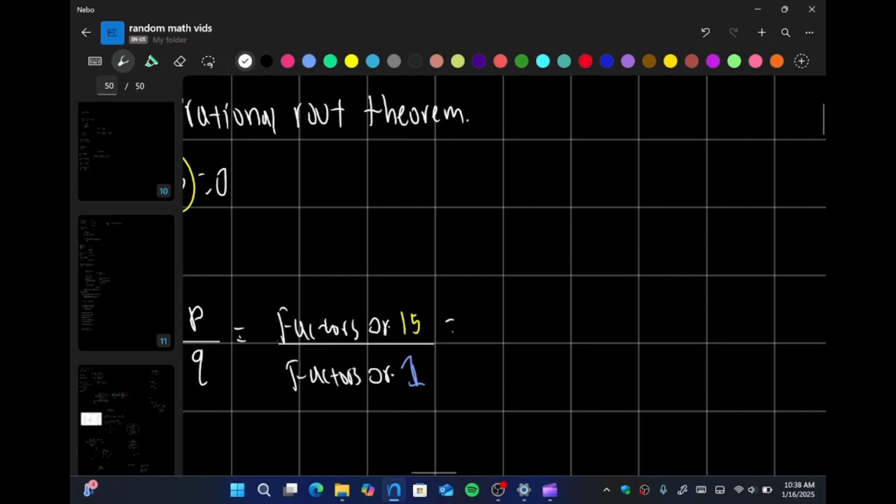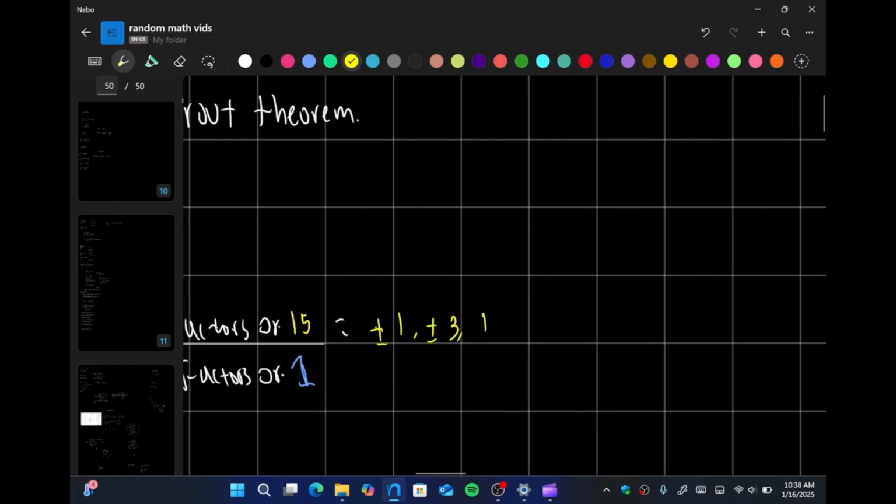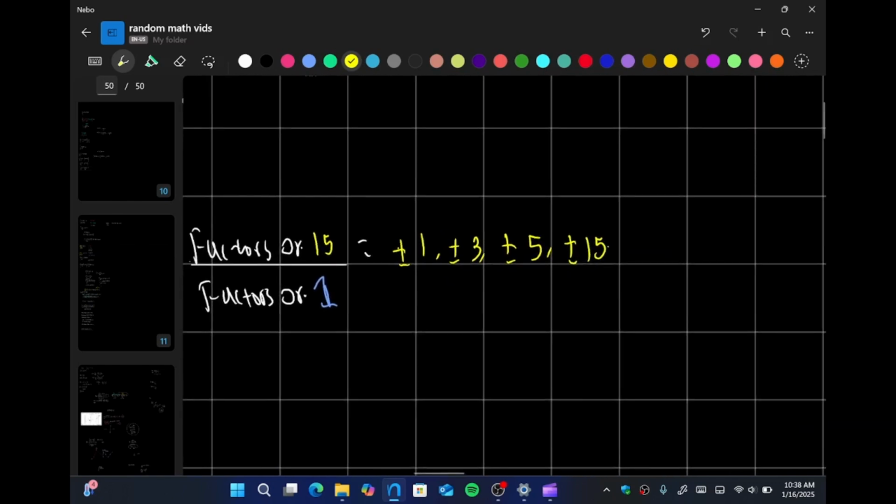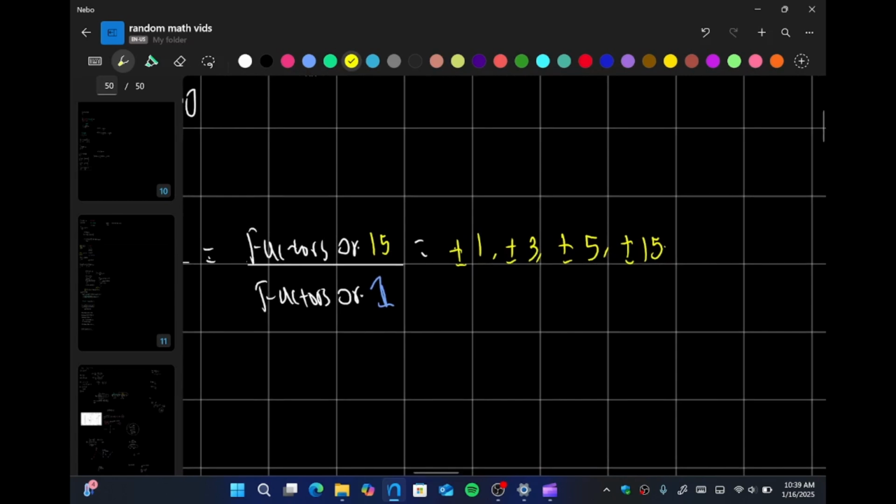So in this case, we're going to say plus or minus 1, plus or minus 3, plus or minus 5, and plus or minus 15. On the bottom, the only factors of 1 are plus or minus 1.